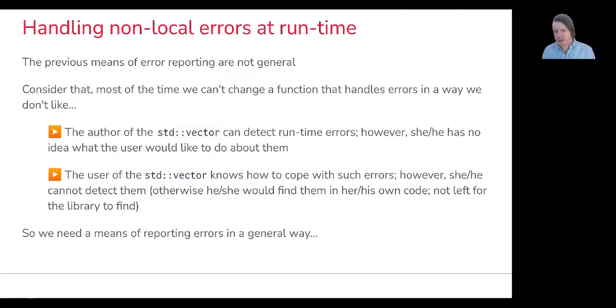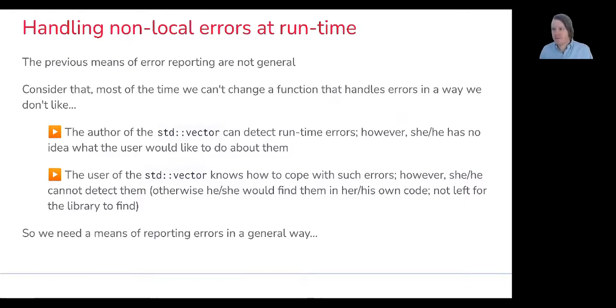So to reinforce this, the author of the standard library vector can detect runtime errors. For instance, maybe you're trying to access an element that's outside the bounds of that vector. However, she or he has no idea what you would like to do in this scenario, where the user is attempting to interact with something that doesn't exist.